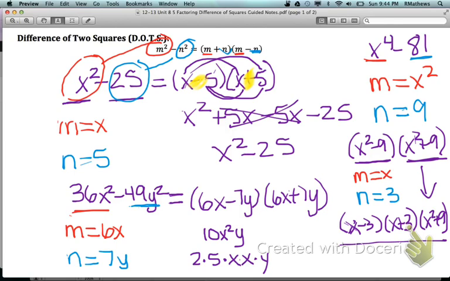I get into the most factorable forms to where everything left is prime and cannot be factored. And that's what I did here as well. I went to a point where I could no longer factor anymore.